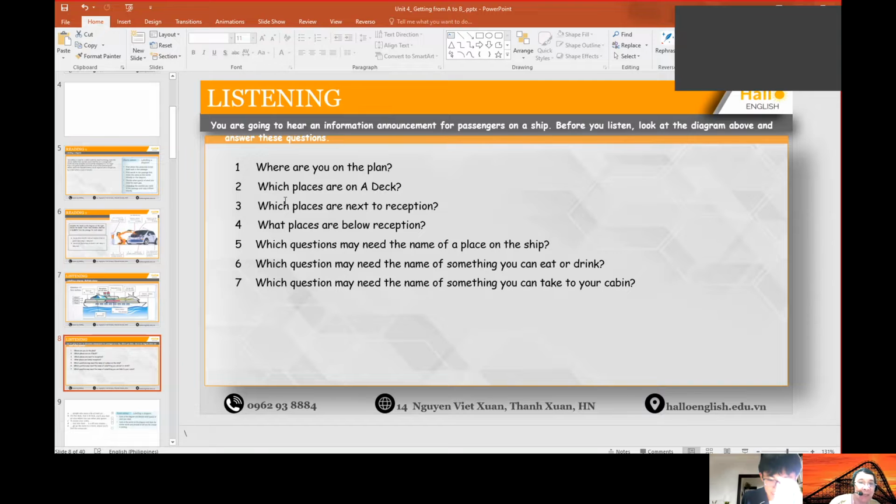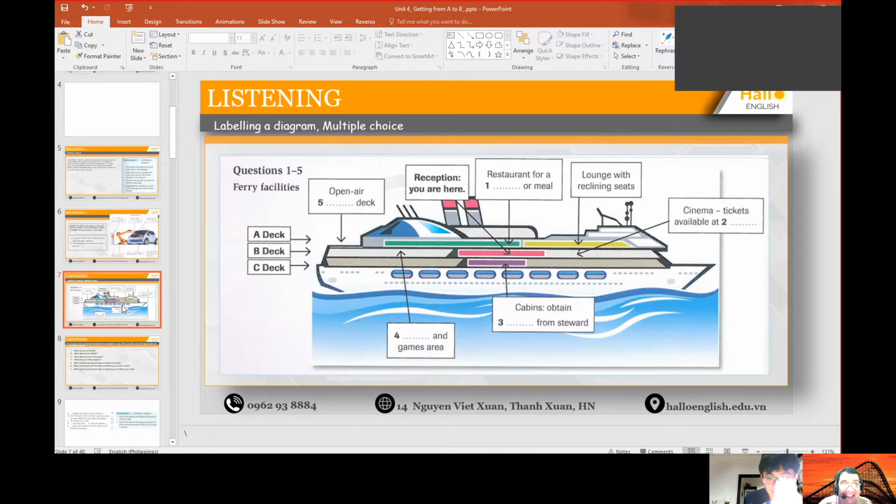Then, which places are on deck A? Game areas, open air, the restaurant, the lounge, and the reclining seats are also there.